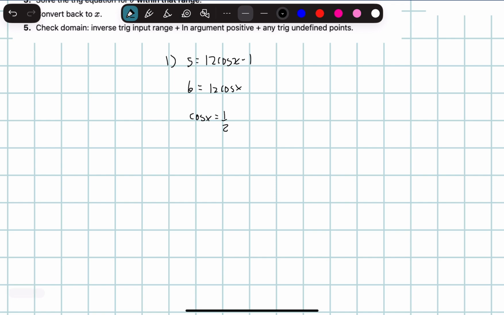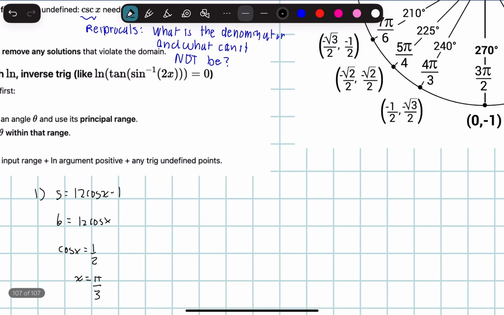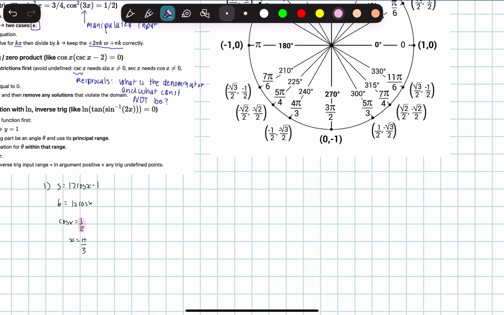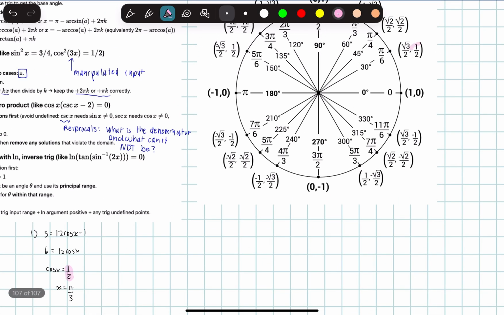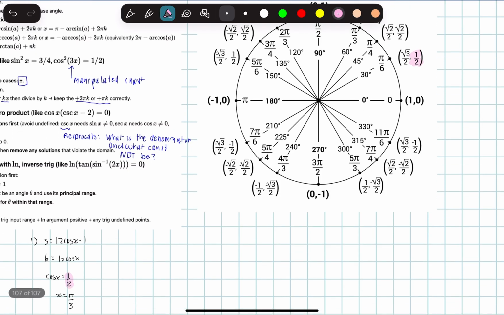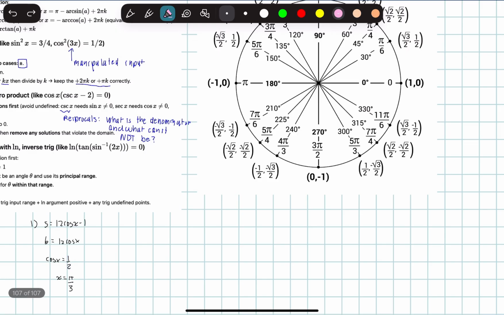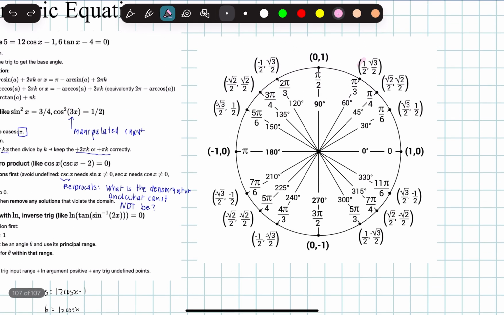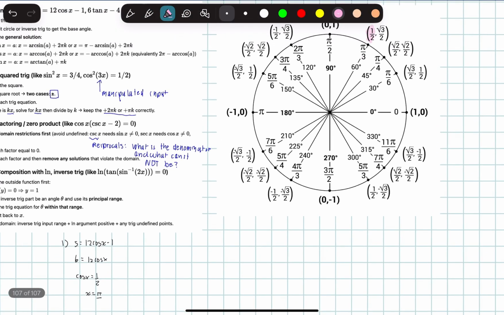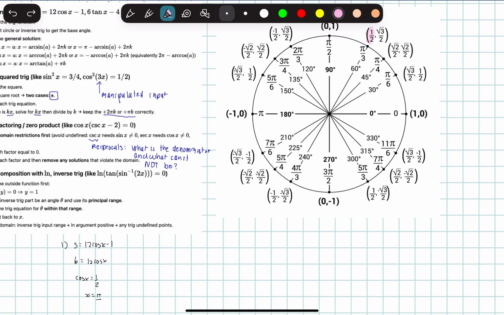So now you want to solve cosine of x is equal to 1/2. When does this happen? This happens at x is equal to pi over 3, and you can imagine this on the unit circle. When is the x value equal to 1/2? That's right here, at pi over 3, 60 degrees right there.